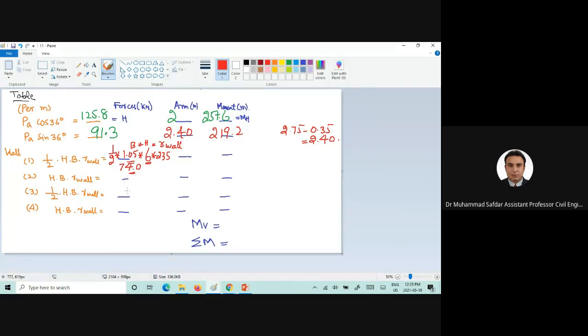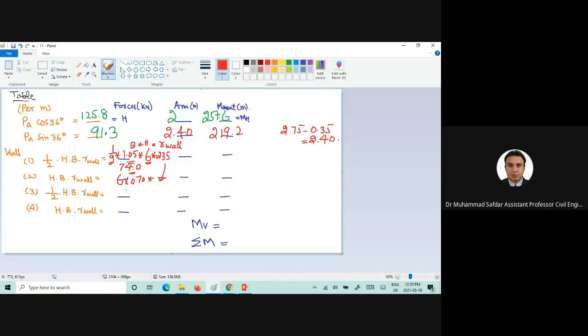Now, how about the second part? For the second part, we will be having 98.7. Okay, I will write 6 into 0.7, and this is the unit weight.